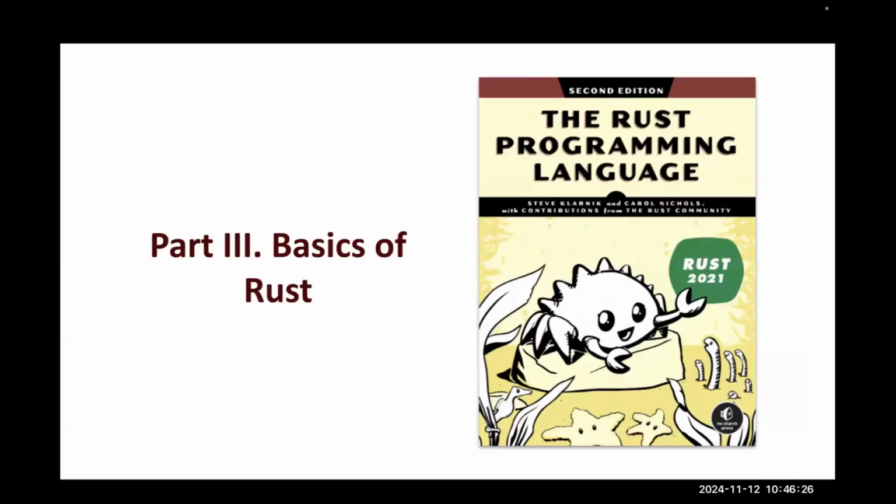So this is the book I mentioned. They released the second edition of the book in 2021, and it might be using some older versions of Rust, as I would imagine. Some of the new features might not be mentioned in this book, but it's already a pretty good starting point for you all.